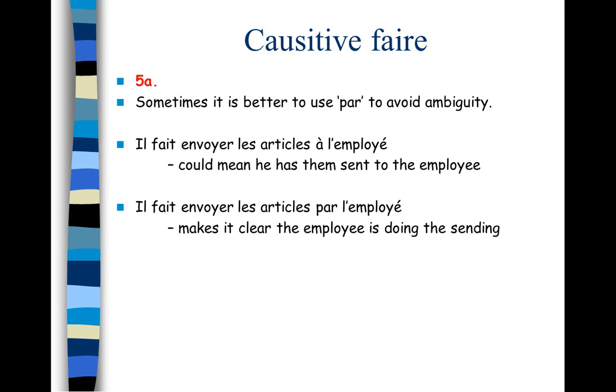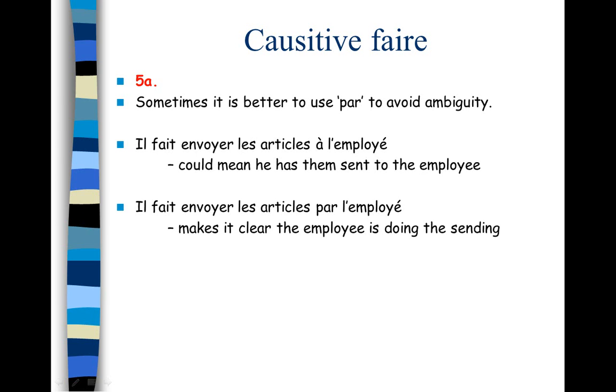It's sometimes better to use par to avoid ambiguity. That's what I was saying. So if you were writing the sentence, it would probably make more sense to use par. Because if you had something like il fait envoyer les articles à l'employé, this could either mean he has the articles sent to the employee, as well as meaning by the employee.